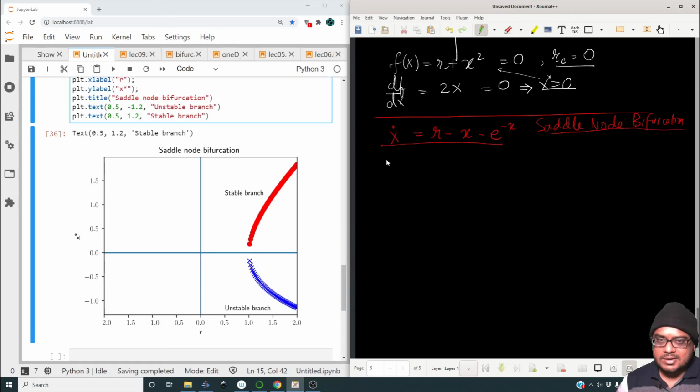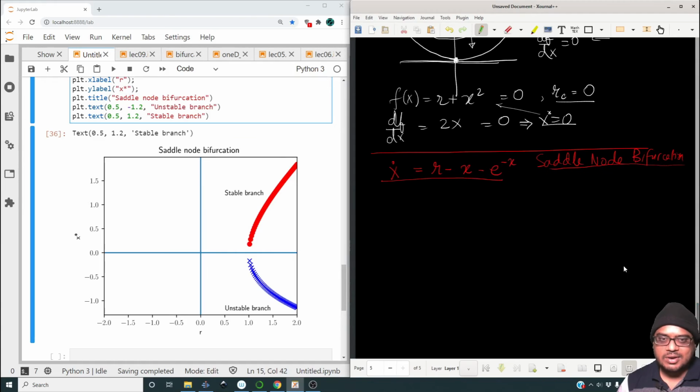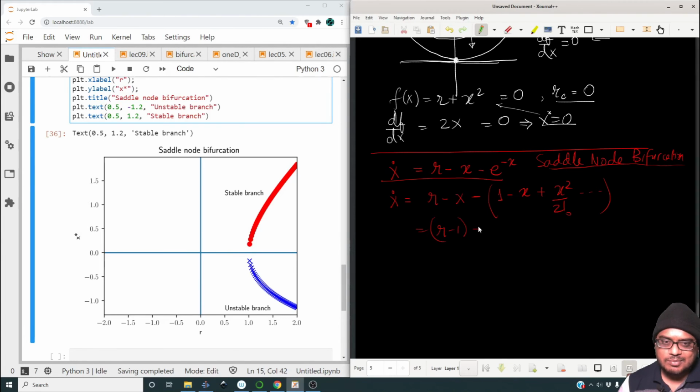So let us expand this around x equal to 0. So x dot is r minus x minus, so this becomes what? 1 minus x plus x square by 2 factorial and so on. So this becomes r minus 1, this x cancels out, plus x square by 2 factorial.